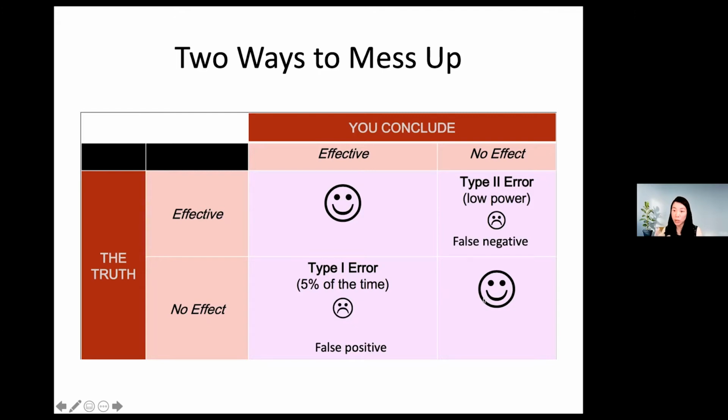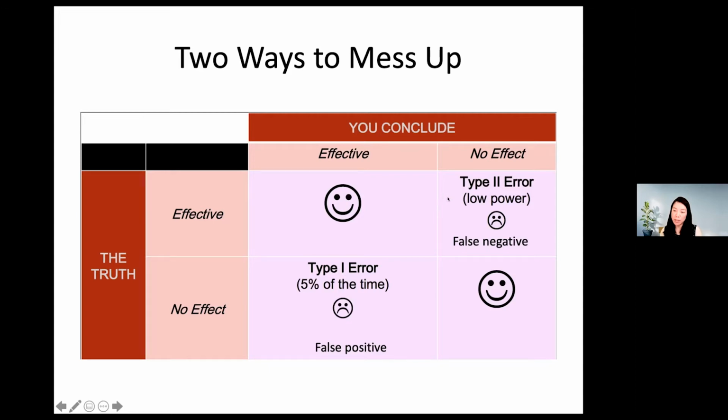So that means we use our sample, run the experiment, and we find the truth. But then it could be messed up, because sometimes when the truth is no impact, the program did not work, and our conclusion is that it works. So this type 1 error gives us a false positive result.